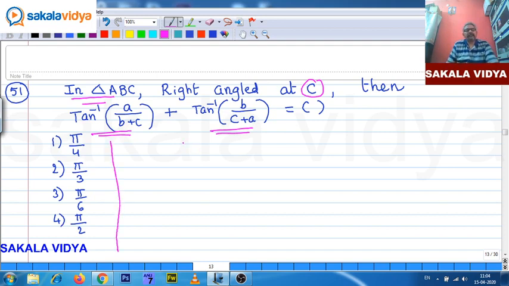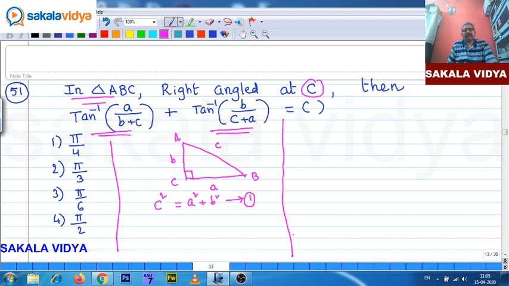This is the right angle triangle, right angle at C, with vertices A and B, and sides small a, small b, small c. So we have c square is equal to a square plus b square. This is the Pythagoras theorem, everybody knows.